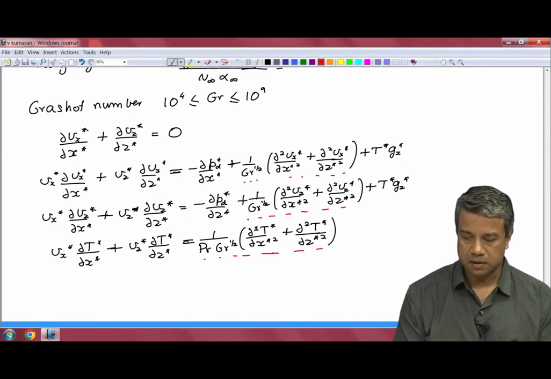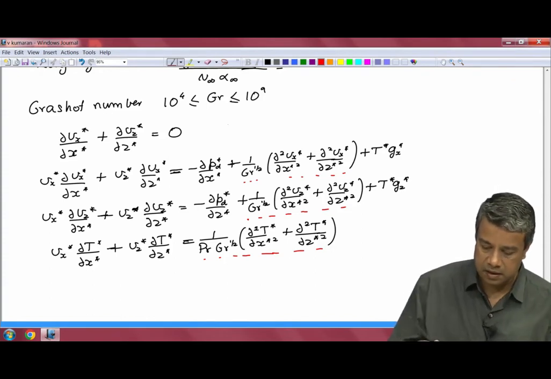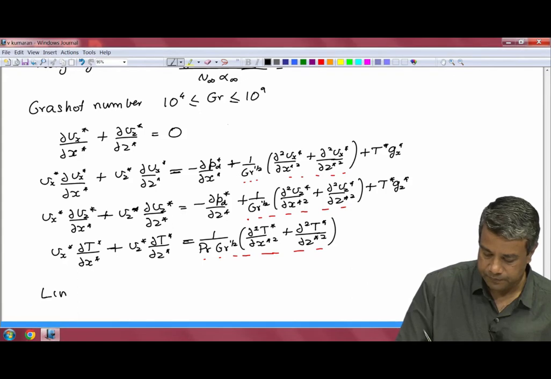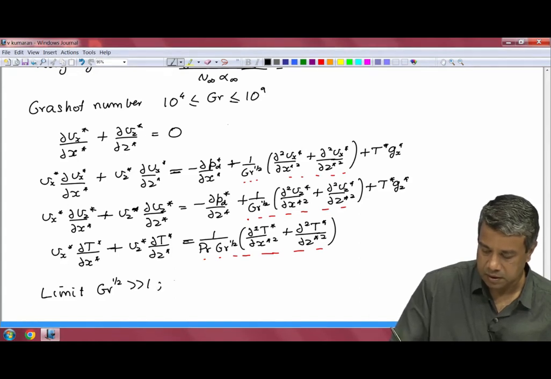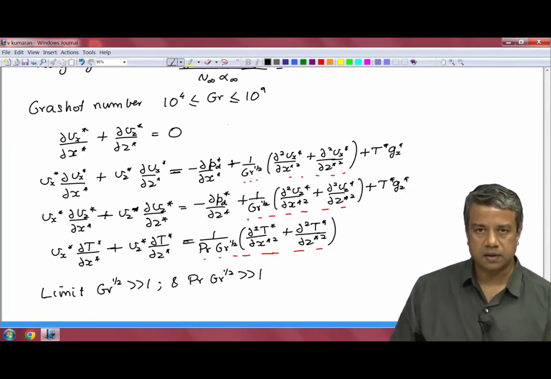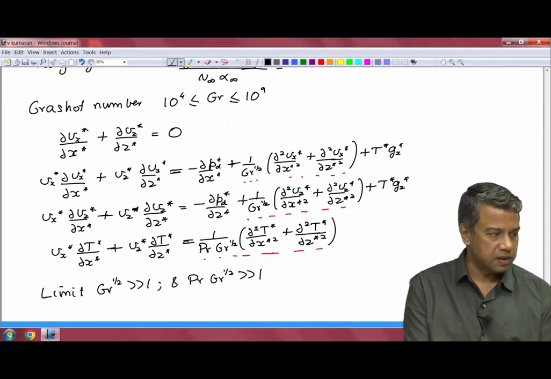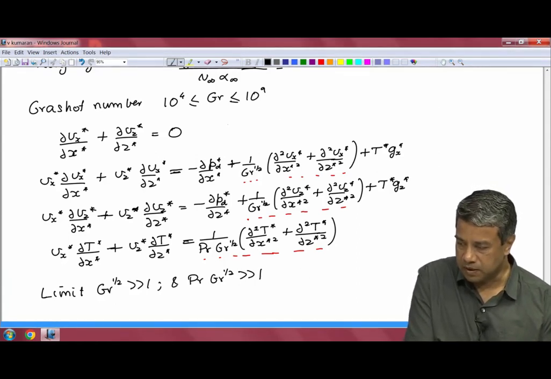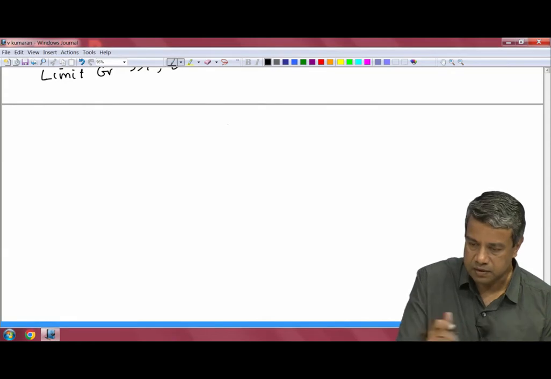So, basically we will be considering the limit where the Grashof number to the half is large, and the Prandtl number times the Grashof number to the half is large. In this limit we can use boundary layer theory to determine the thickness of the boundary layer within which convection and diffusion are comparable.